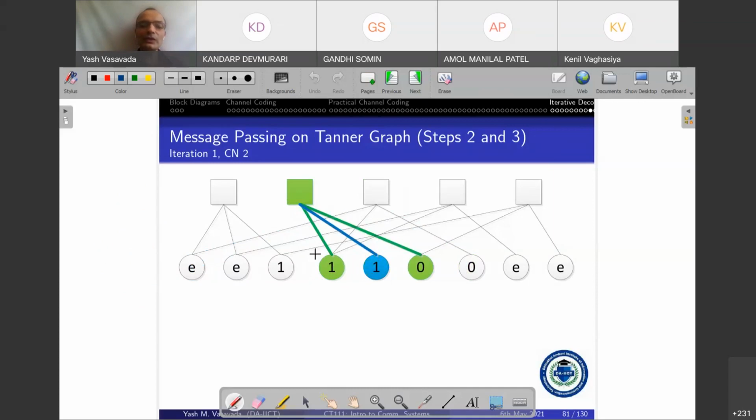But before it went to VN5, it would have sent some message to VN4. What do you think that message would be? Zero, sir. It couldn't figure out what its value is. Correct. It cannot figure out what its value is.